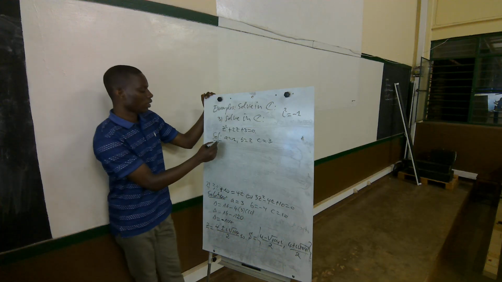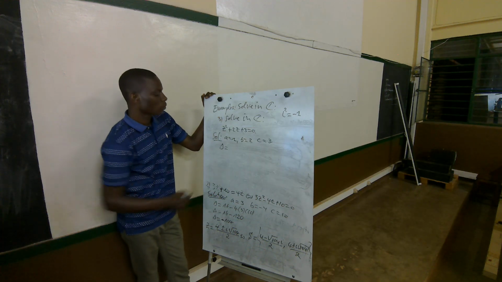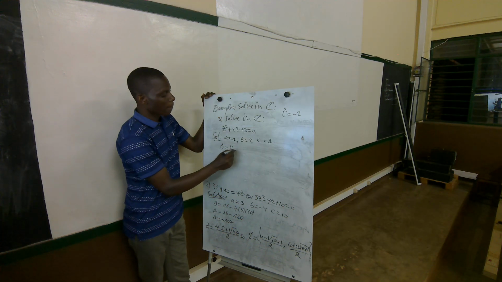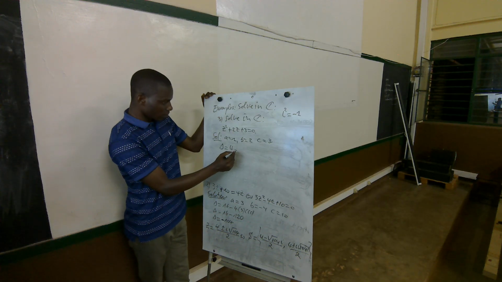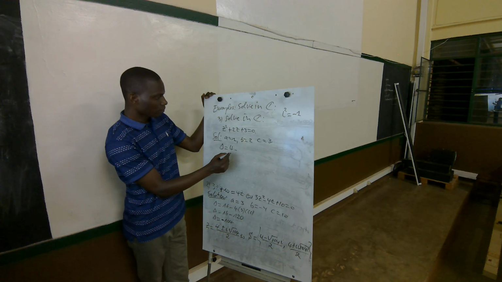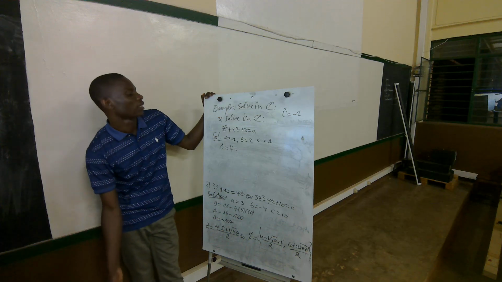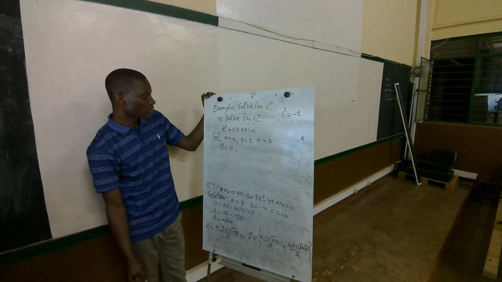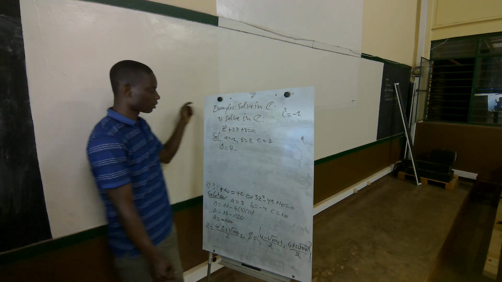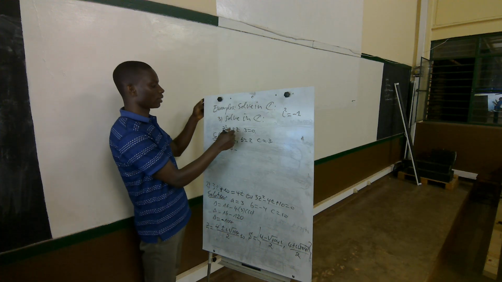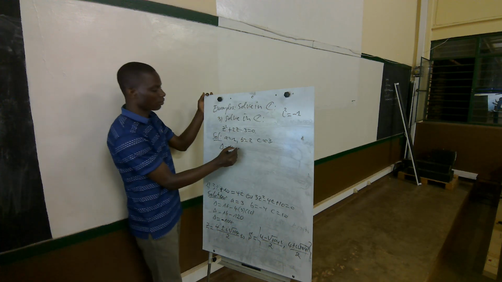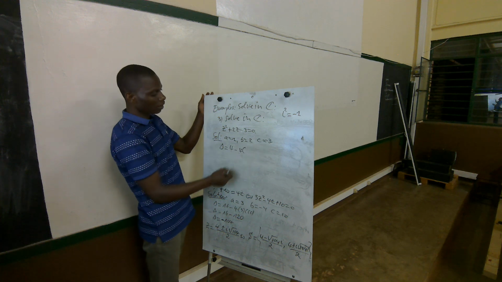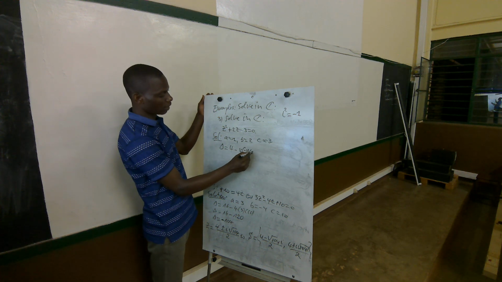Now the determinant will be equal to b squared, which is 4, minus 4ac. All are negatives, let's use a plus, for example. This is a negative, then here we have a negative, then negative 4ac, this is negative 3, 1.